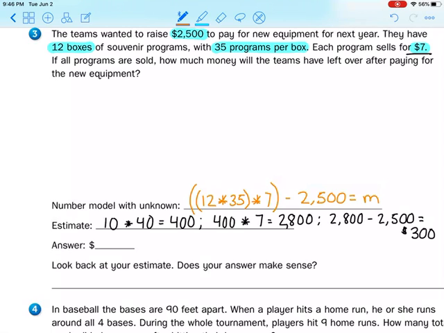Okay, so let's do that math. If I did 35 times 12, 5 times 2 is 10, 3 times 2 is 6, plus 1 is 7, 1 times 5 is 5, and 1 times 3 is 3.